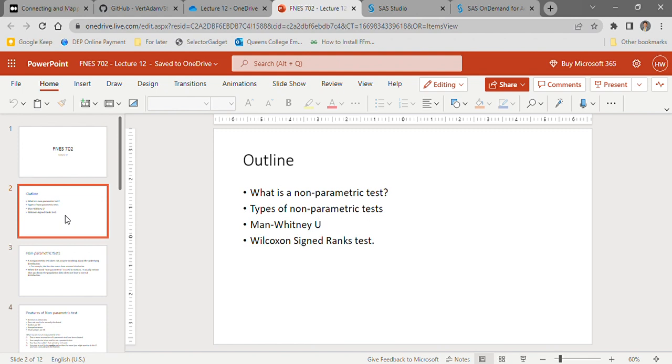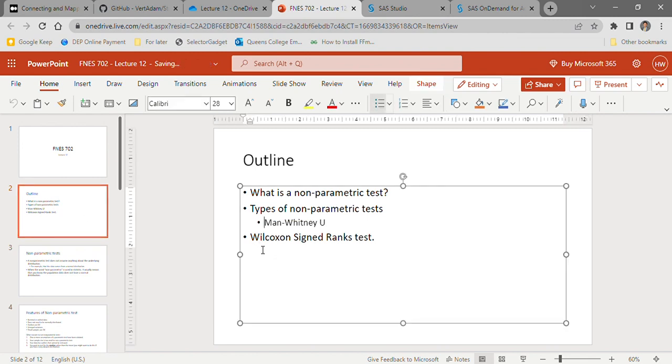So today the objective is we're going to go over what a non-parametric test is. We're going to go over the types of non-parametric tests that we expect you to know. And then 2 of those non-parametric tests that we're going to cover today are the Mann-Whitney U and the Wilcoxon signed ranks test.